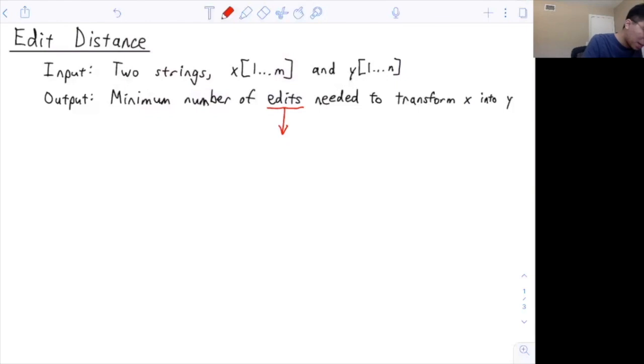Well, what I mean by edits is just one of three things. Either we can insert a character, or we can delete a character, or we can substitute one character for another.